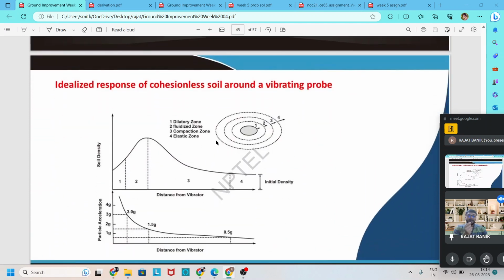And we also saw the four different zones related to this compaction: the dilatory zone, which is very close to the probe, the fluidized zone, and the last two, the compaction zone and the elastic zone. And we saw that the most suitable compaction happens at the boundary between the fluidized zone and the compaction zone.